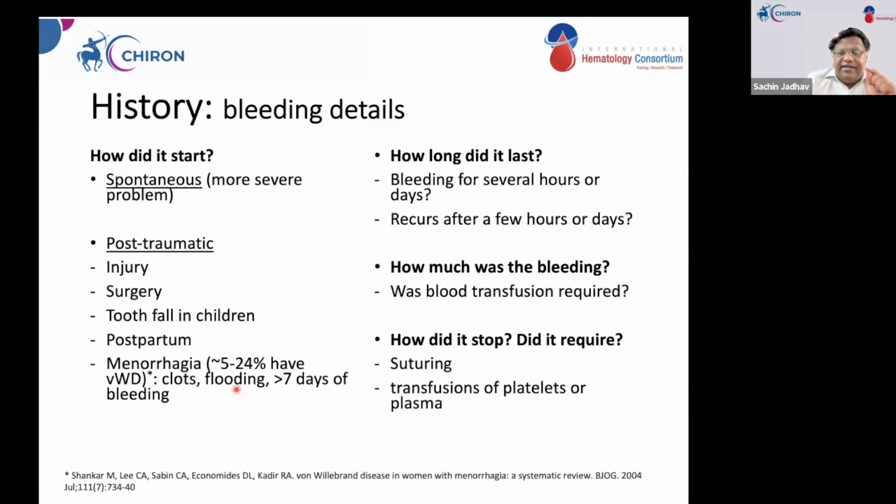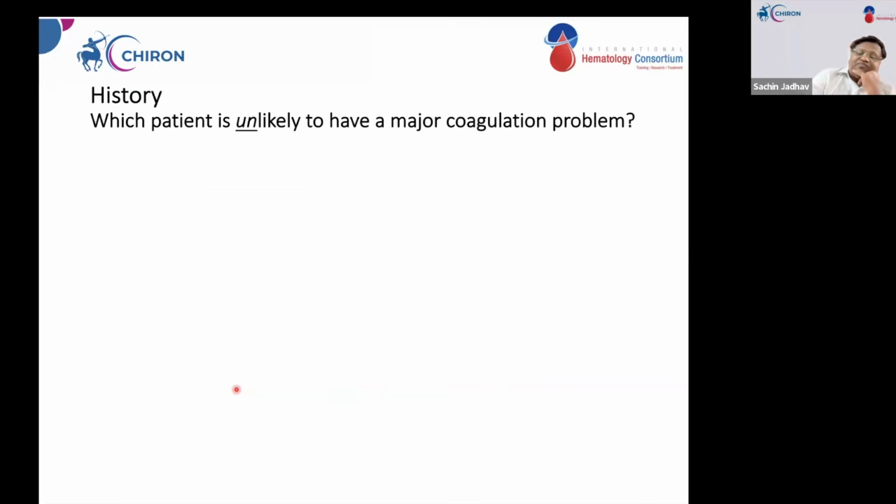Now, this gives you an idea that if bleeding stops after platelet transfusion, then maybe the problem is with platelets. If bleeding stops after fresh frozen plasma infusion, then there may be a coagulation factor problem, right? Some patients will say, "No, the doctor said you have hemophilia, I've been given factor 8, coagulation factor 8 injection, etc." So this history is very critical.